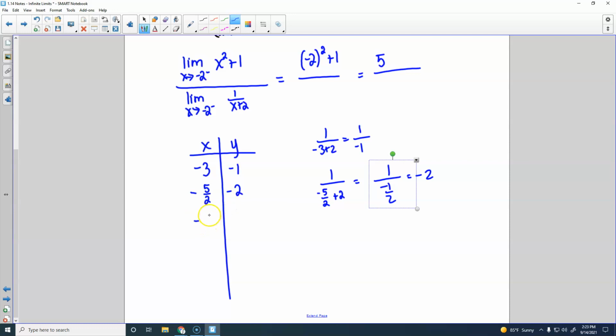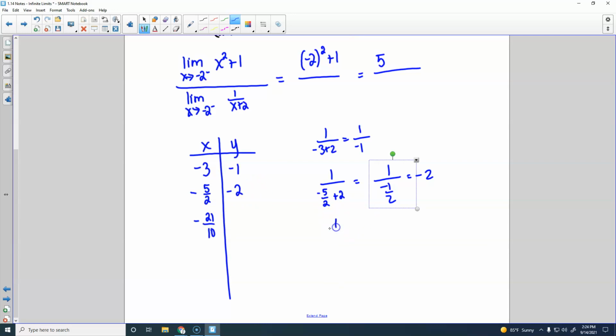No, you're right. 21 over 10, because that would be -2.1, right? Yeah.